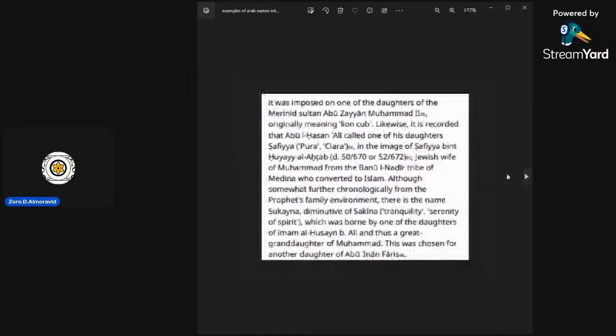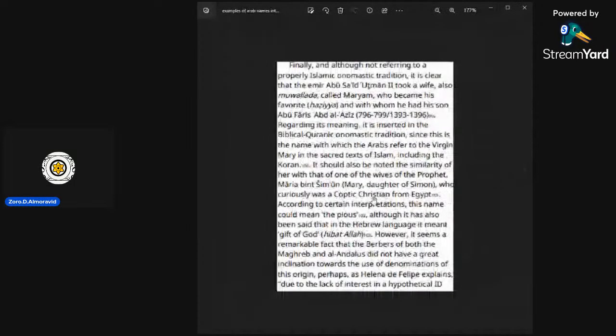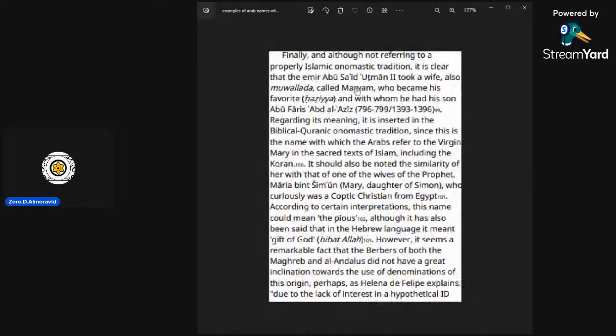And then we have another name here, which is Mary the Virgin. Mary the Virgin, as you can see, was also used as a name. It has two references: one to Mary the Virgin and another to one of the wives of the Prophet, Maryam, who was a Coptic Christian from Egypt.